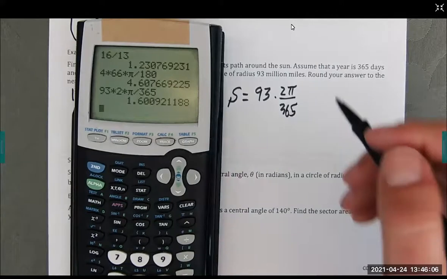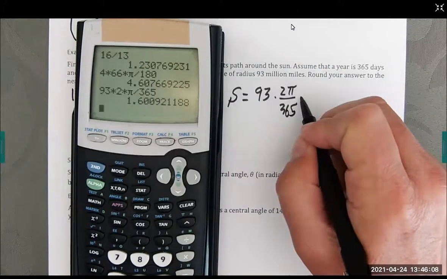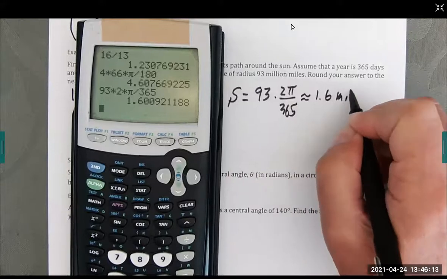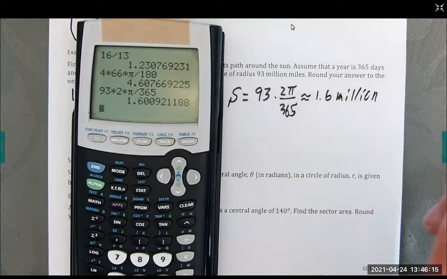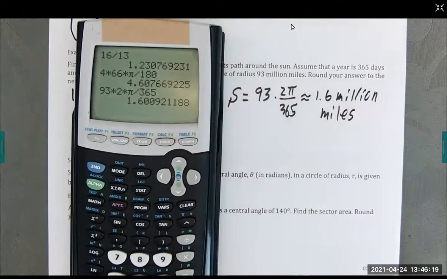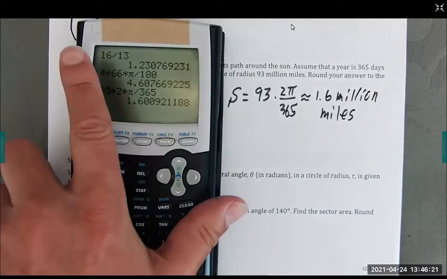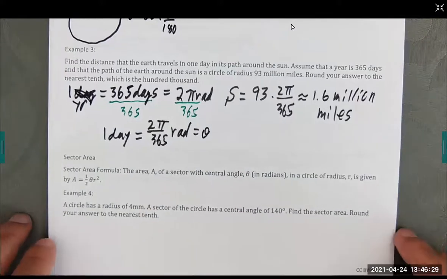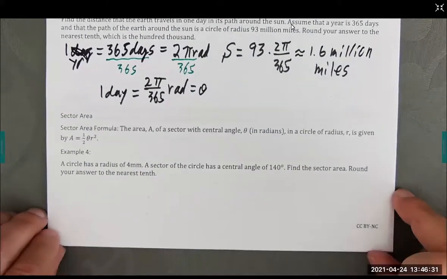So it looks like the Earth moves about 1.6 million miles in one day. That's amazing to think about. So from noon one day to noon the next day, we will have traveled in space 1.6 million miles. Amazing.